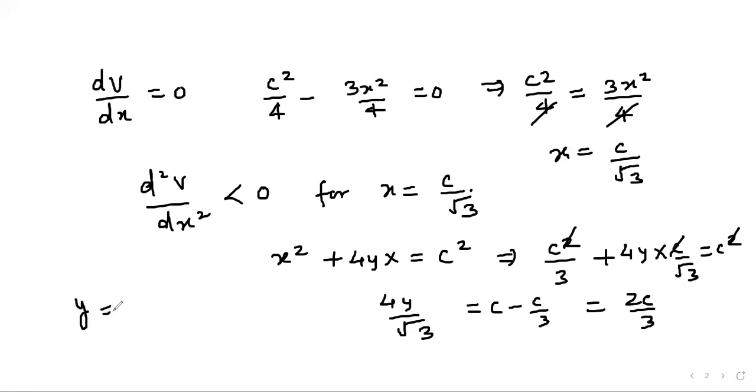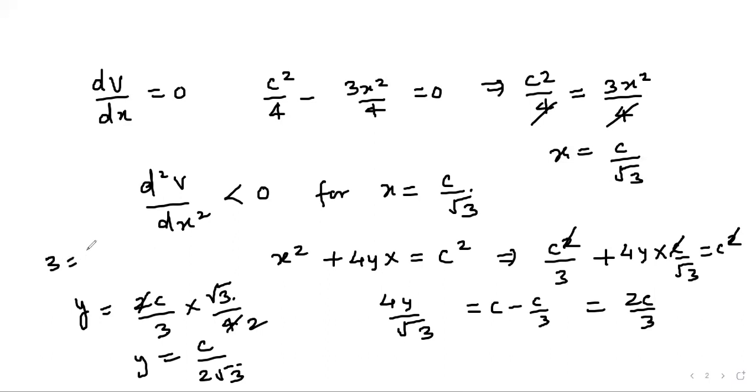So y will be equal to 2c by 3 times root 3 divided by 4. So 2 will cancel out, and then root 3 will divide this 3 by root 3 times. So y will be equal to c times 2 root 3, because 3 we can write as root 3 into root 3. One root 3 will cancel out, and we will be left with c upon 2 root 3. So we have got the values of x and y. x is c upon root 3 and y is c upon 2 root 3.